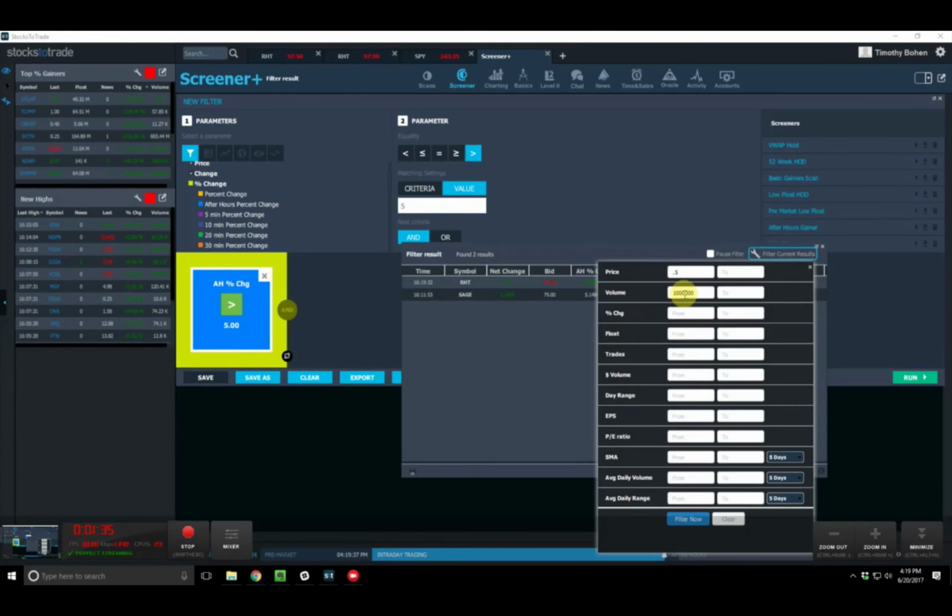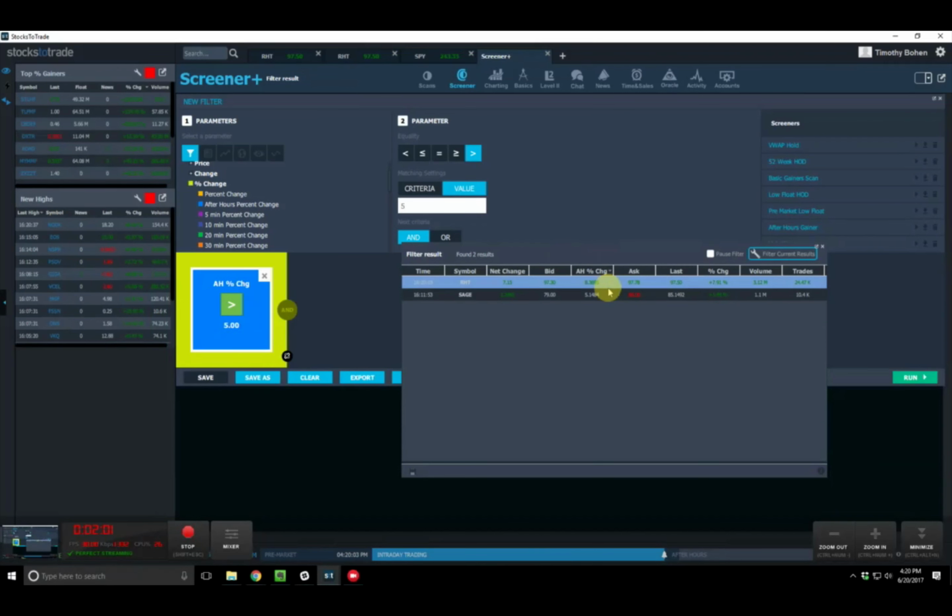And then I don't trade anything that isn't liquid, so I set the daily volume. Now, this isn't the after hours volume. This is just the daily volume, to a minimum of 1 million shares. If something is up after hours on 1,000 shares, 5,000 shares, that is not tradable to me. So that's it. Very simple.